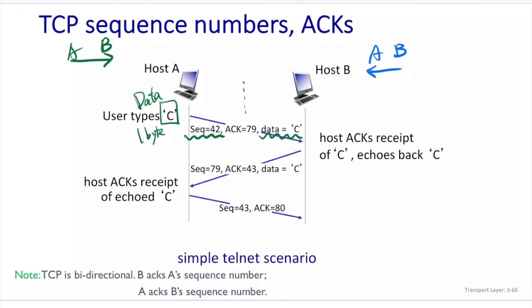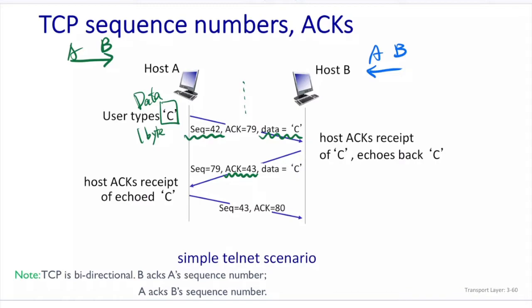So after B receives such a data packet, the ACK number should be 43, because at 42, the data is C, only 1 byte of data. So the next expected sequence number by B is 43.